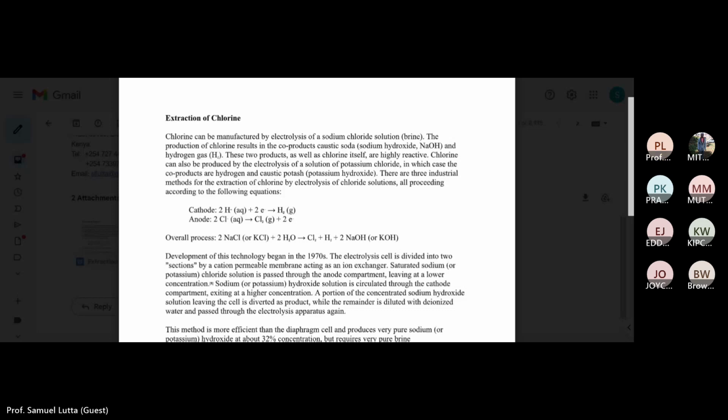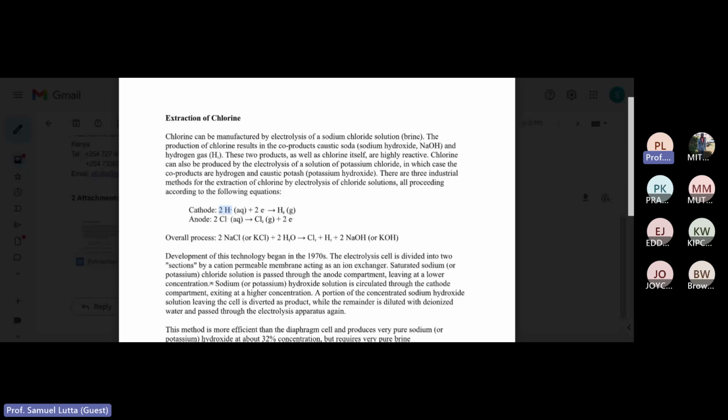So when you do electrolysis of this solution, the positive ions, which are sodium and hydrogen, will go to the cathode. And the negative ions, which are chloride ions and OH ions, will go to the anode. Now at the cathode where you have hydrogen ion plus sodium ion, a number of things are likely to happen.